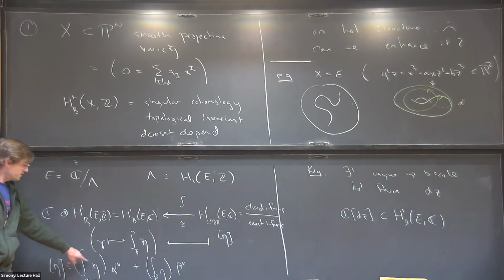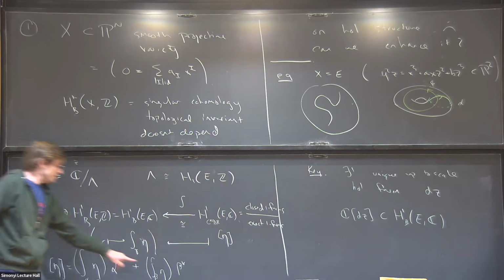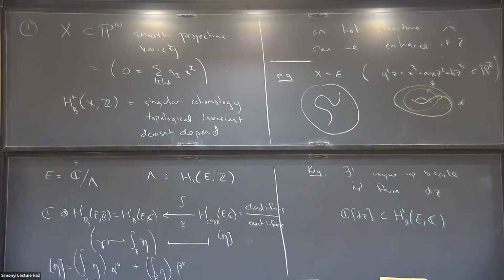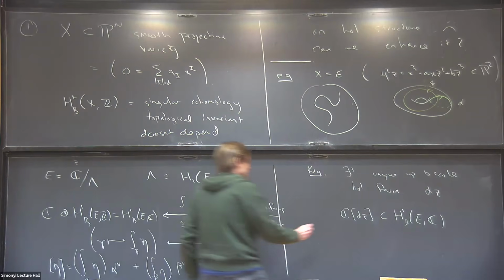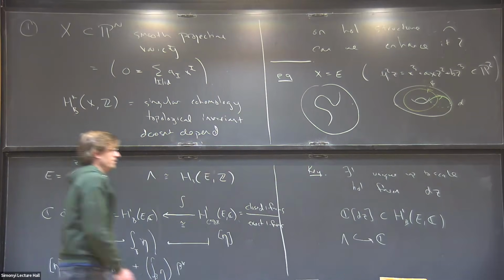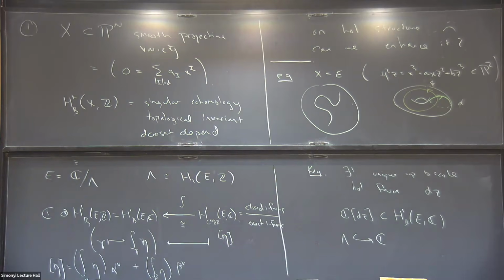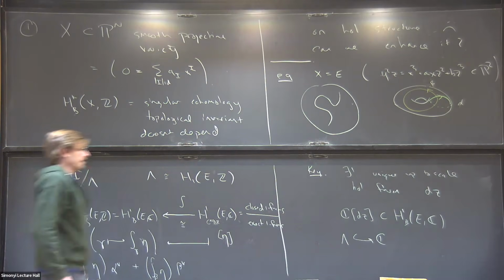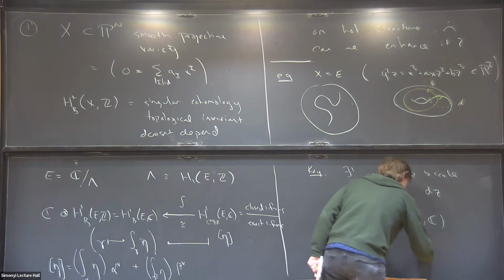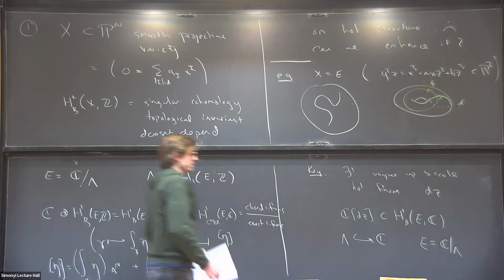Well, they're just the integrals of dz along this one and that one. And that gives me an embedding of lambda into C, right? Because these are the coordinates of this basis for the lattice. And we realize that E is then recoverable as C modulo this embedding of lambda.